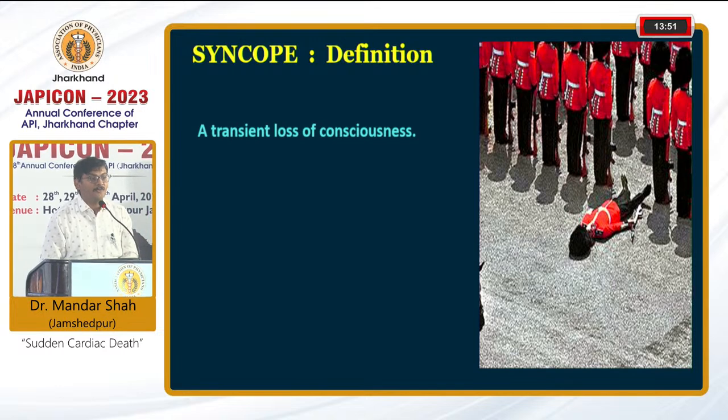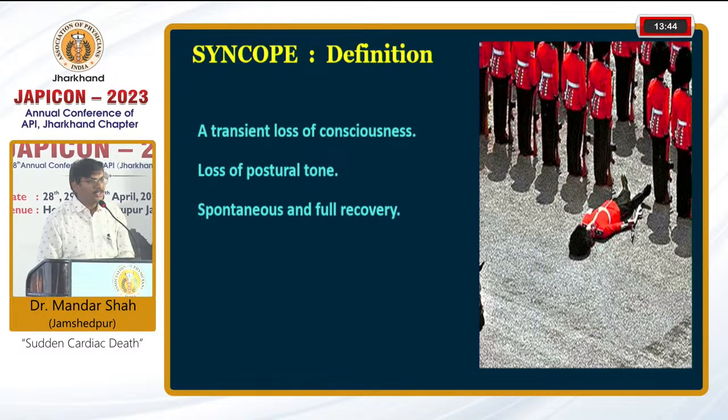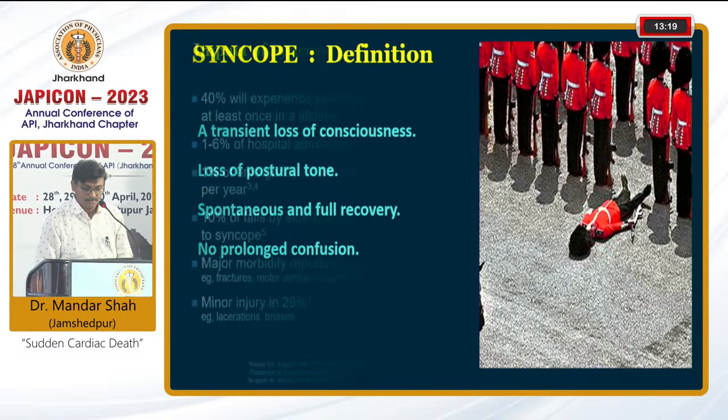Each of these components is very important, and that is the reason why I've split it into 4 parts. Syncope is defined as transient loss of consciousness with loss of postural tone, with spontaneous and full recovery, without any prolonged postictal confusion.